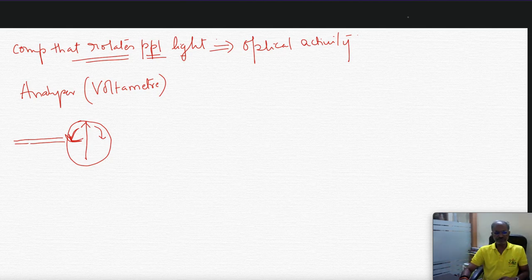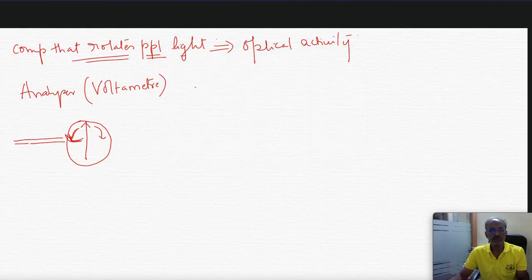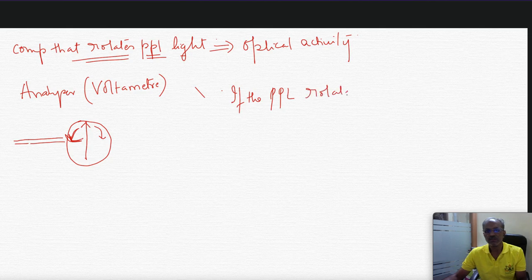Right? Now, if the plane polarized light rotates towards the right, that means clockwise, if the plane polarized light rotates this analyzer towards the right hand side, then it is known as dextrorotatory.